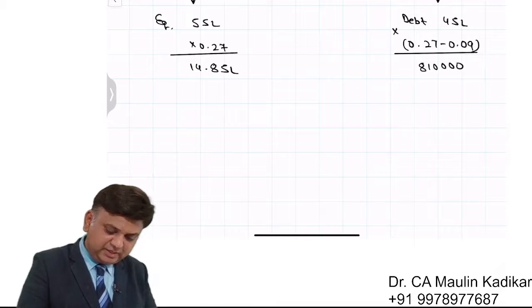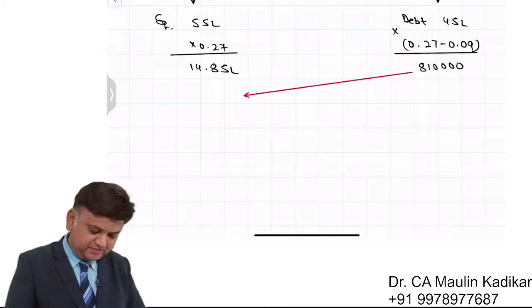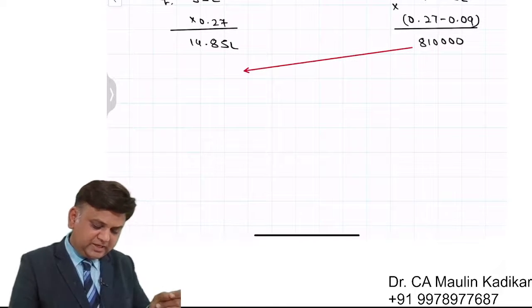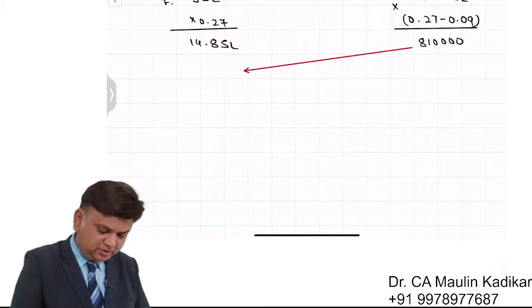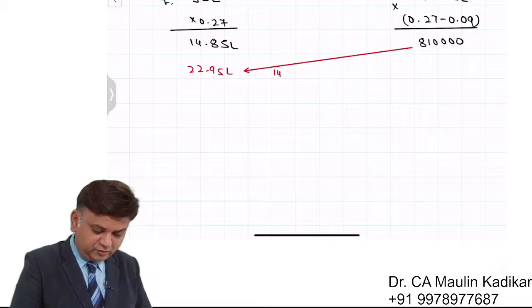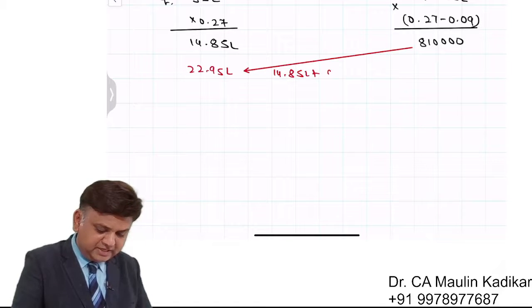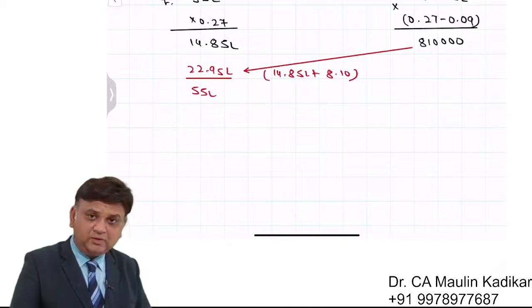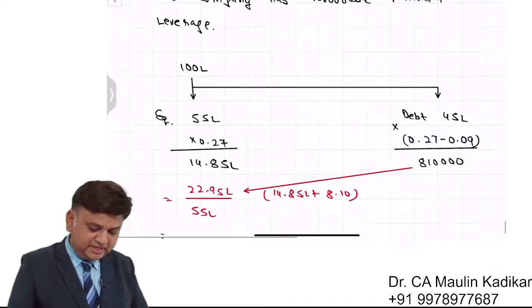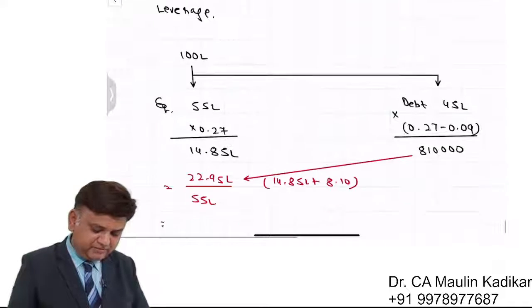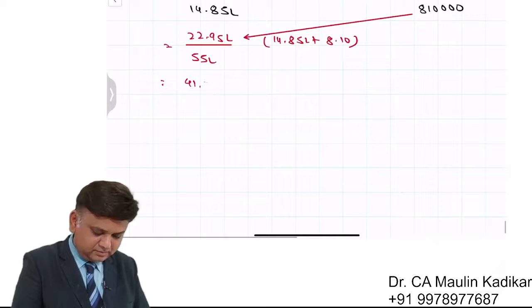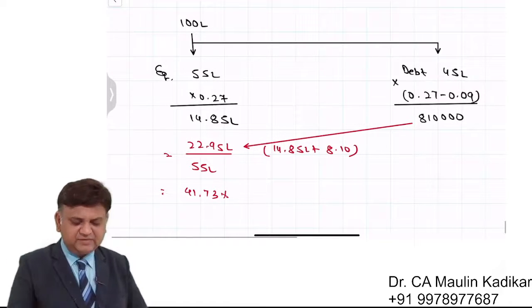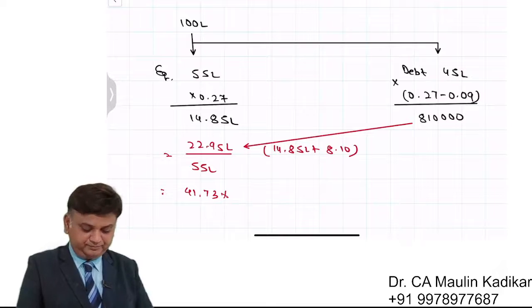So the equity shareholders' total earning increases to 14 lakh 85,000 plus 8 lakh 10,000, 22 lakh 95,000. Divided by 55 lakhs into 100, you'll get the answer as 41.73. This is the way you can also cross verify the answer.